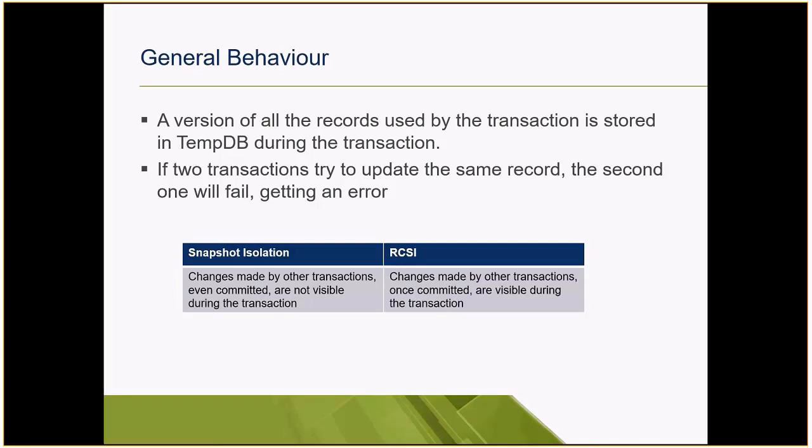Optimistic isolation levels, I haven't emphasized this enough yet, don't block any query, any select statement. We get no blocking for select statements on optimistic isolation levels. It doesn't matter if it's snapshot or RCSI. This is the behavior of both. We get no blocking on all selects. This is very good.